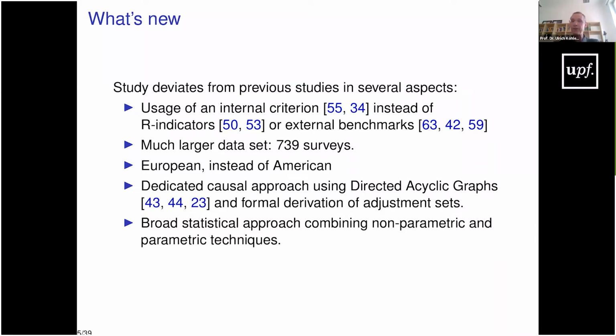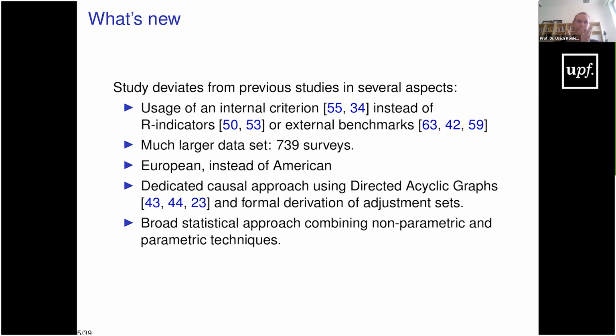Others have done this before, of course, but we think we deviate from previous studies in several aspects. First of all, we are using the so-called internal criterion of representativity, which has been proposed a long time ago by Wolfgang Sodeur, and which I also made public in an older paper from 2007, instead of the more frequently used R-indicators or external benchmarks.